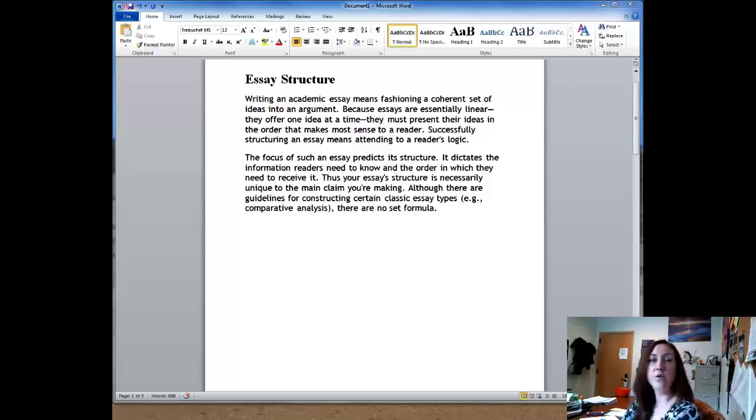When it comes to the overall purpose of your essay, that should be clear to your reader. By the end of your essay, your audience is going to want to know what they're supposed to do with all that information that you provided. Is there something they are supposed to learn? Is it some action that they need to take?